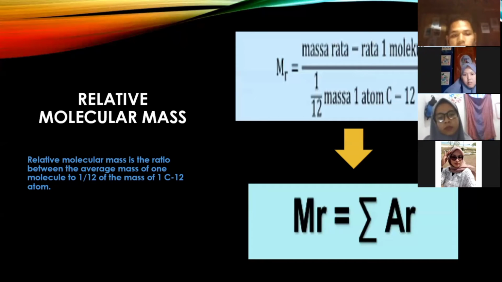The carbon-12 atom is used as the standard, so the unit for atomic mass is defined as 1/12 of the mass of a carbon-12 atom. Do you understand? Yes, sir, we understand. Okay, good.